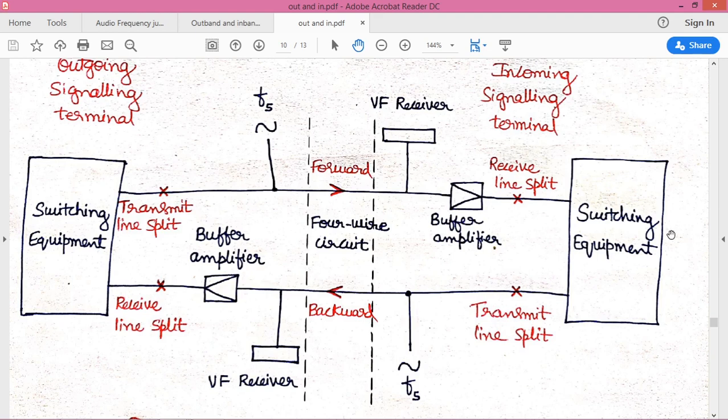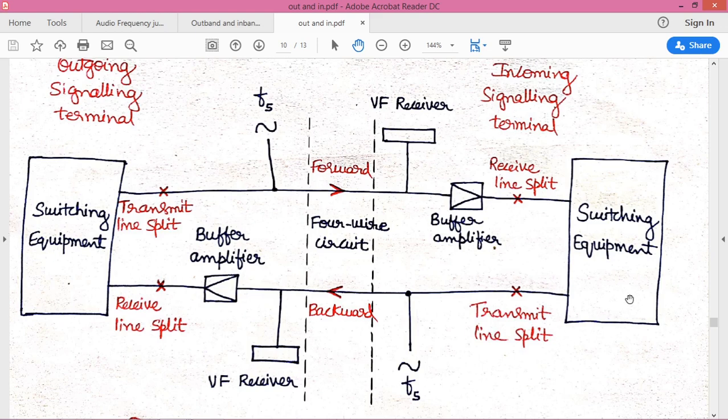On the other hand, once this customer observes the ringtone, he will answer the call by going off hook. Once he goes off hook, the answer signal must be transferred to the calling customer.